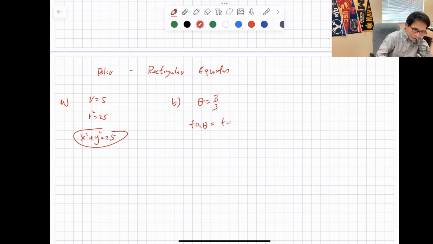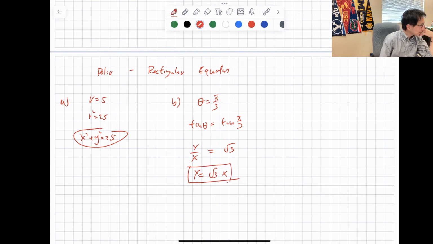That's equal to tangent of pi over 3, which is square root 3, equal to y over x. Can I change this? And that becomes your linear equation. Is that okay?